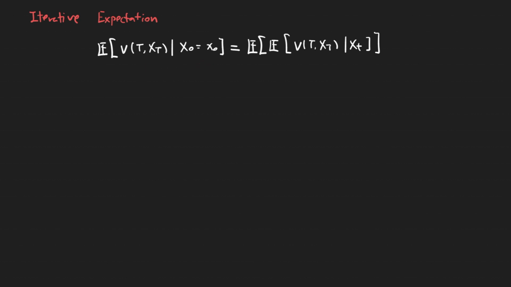The idea is that when we have a process from 0 to T, this equation is saying that the average value at the time capital T can be broken down into two parts. We can find an intermediate time at small t, take the expectation, and that will still be random, so we need to take the expectation again.